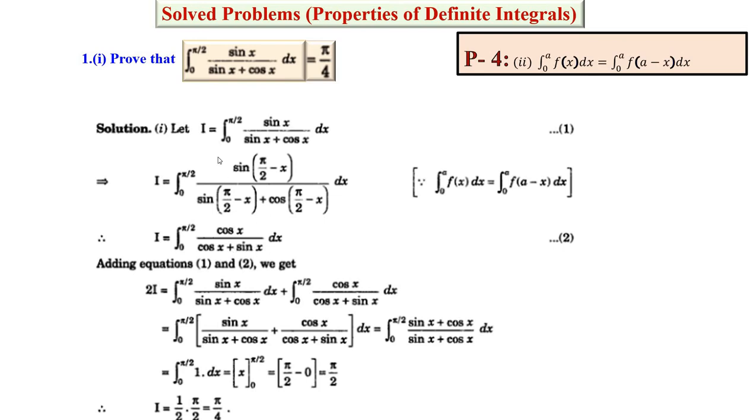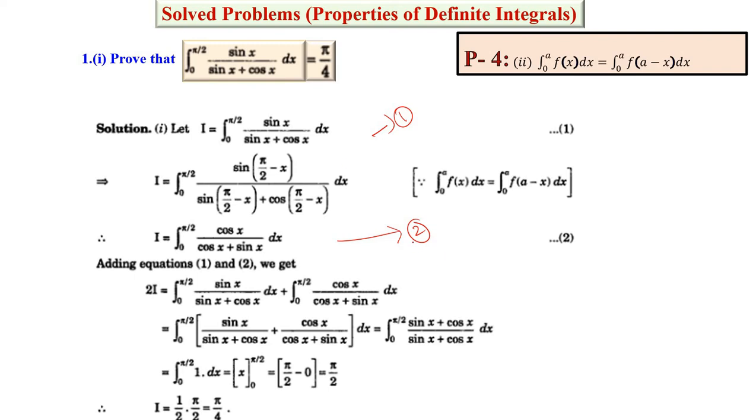So we have this. I is taken as this. We consider this as equation 1, and the second one, this is the same I only, but we have made use of P4, so we have this.